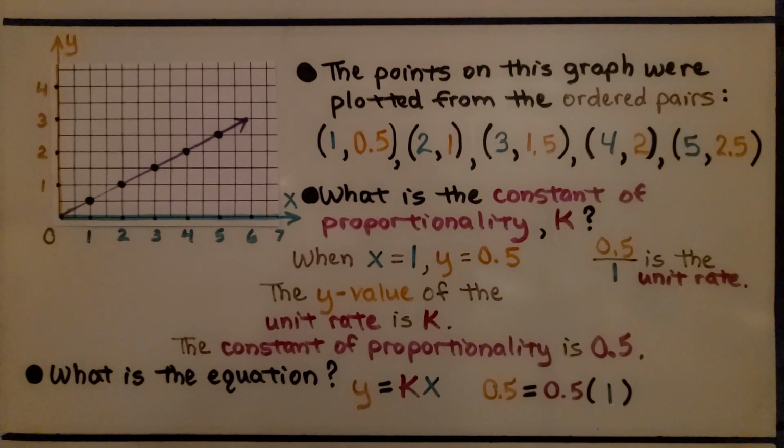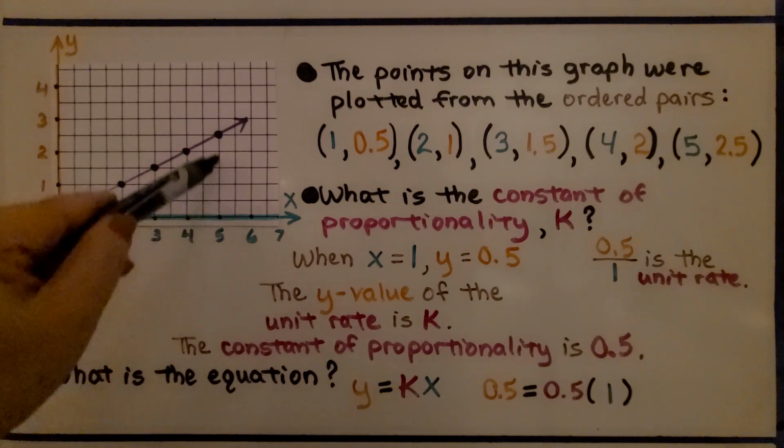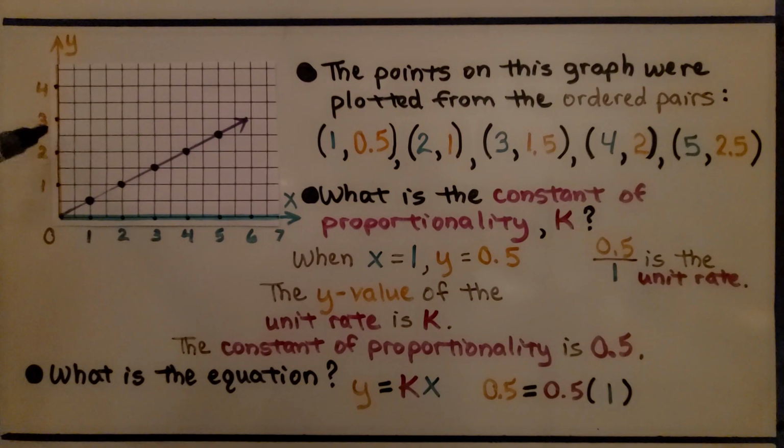The points on this graph were plotted from the ordered pairs 1 for x and 5/10 for y, 2 for x and 1 for y, 3 for x and 1 and 5/10 for y, 4 for x, 2 for y, and 5 for x, 2 and 5/10 for y. What is the constant of proportionality, k?